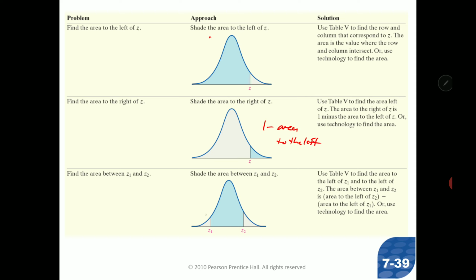And area between is you find area to the left for Z1 and Z2 and subtract. Don't subtract Z1 and Z2, subtract their areas. So find the areas first, then subtract the areas. And that's how you find the area between.